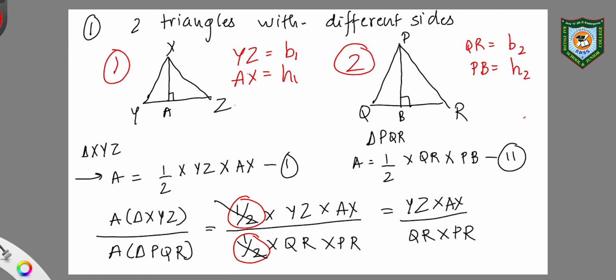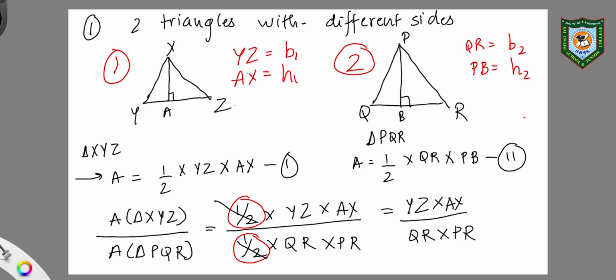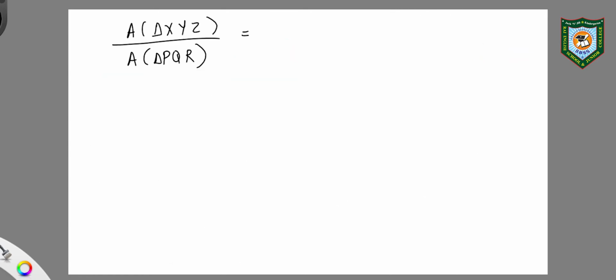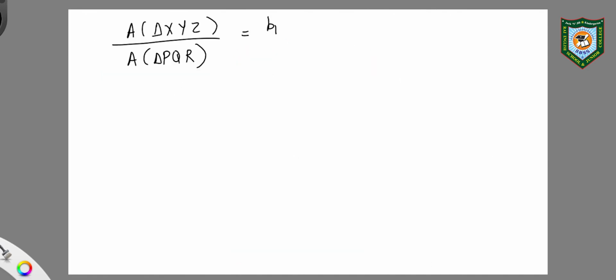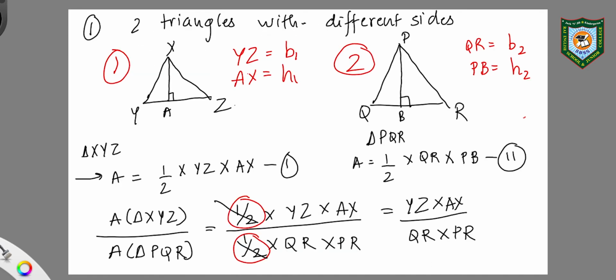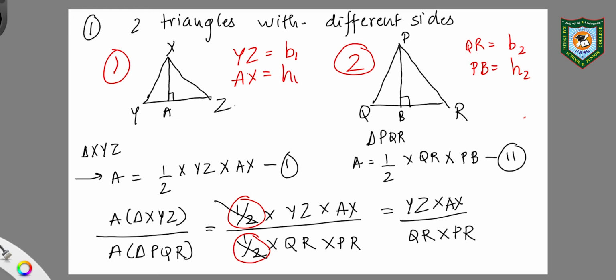So area of triangle XYZ divided by area of triangle PQR is equal to, from our previous, we can write YZ as b1, AX as h1, divided by QR as b2 and PB as h2.